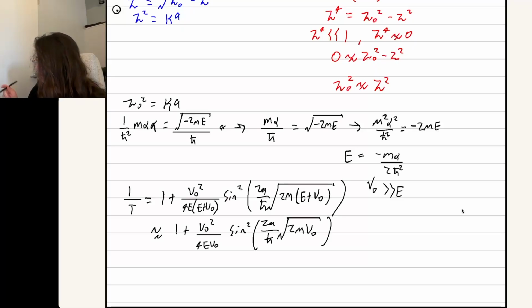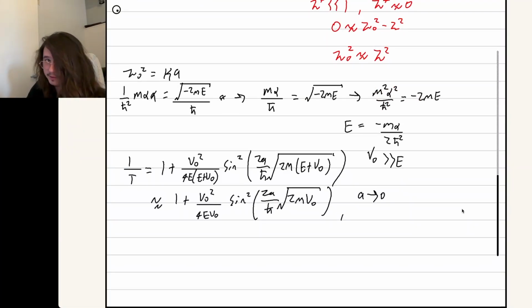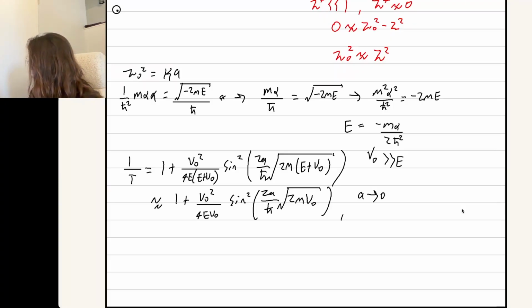So also we have that a is going to 0, right? Because it's a really small width for the delta function, which means that the argument inside the sine squared is very small. So we can Taylor expand the sine squared. So this is another level of approximation that we're doing.